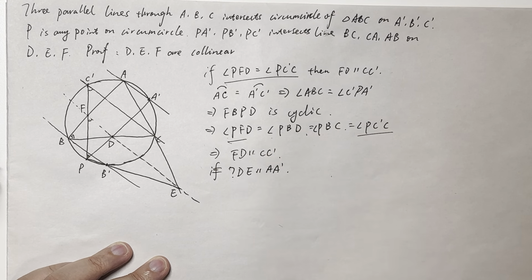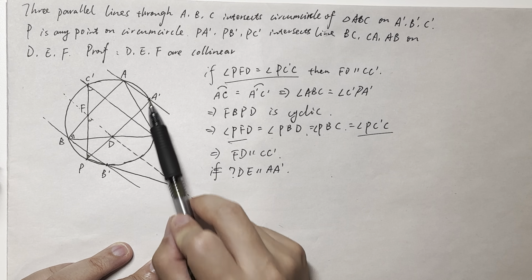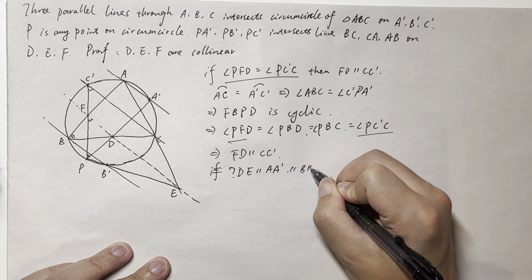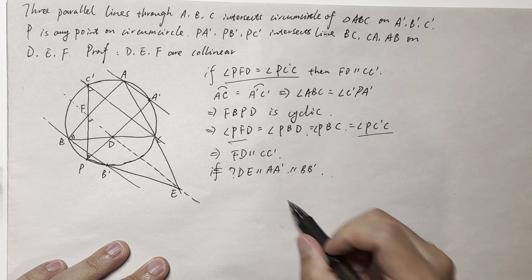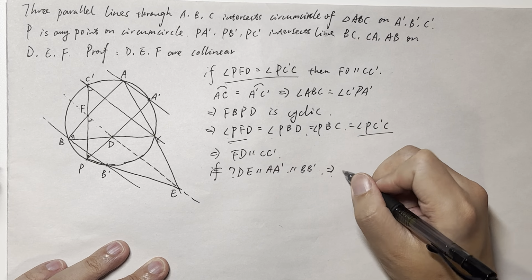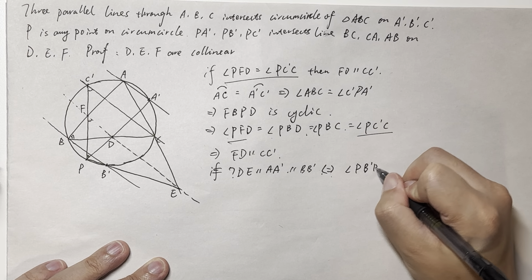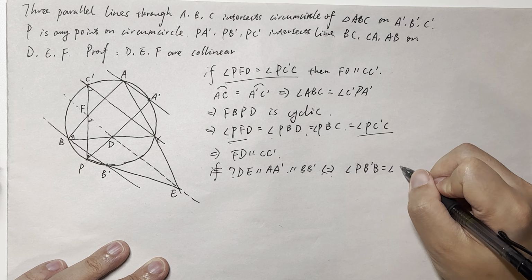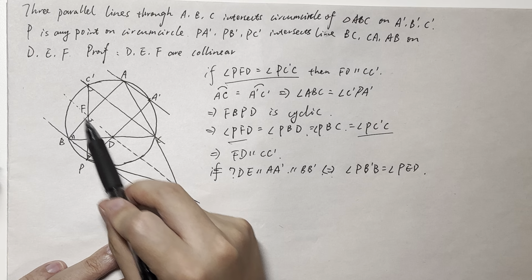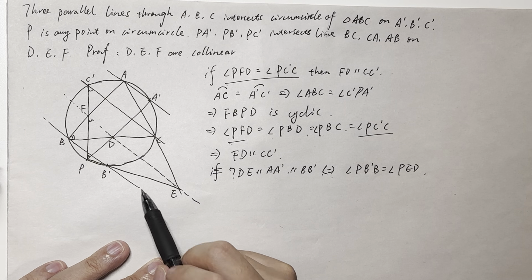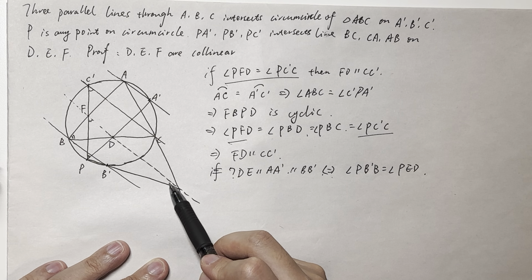So if DE is in parallel with AA prime and BB prime, that means we can get angle PB prime B equals to angle PED, right? So if these two lines are in parallel, then we know this angle equals to this angle, right?